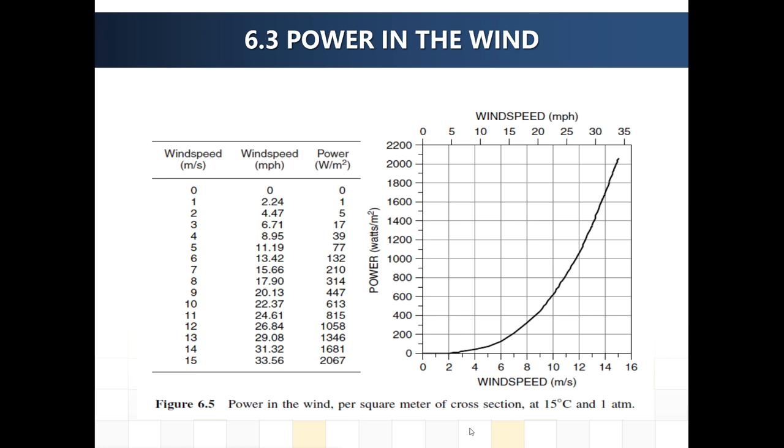Figure 6.5 shows the power in the wind per square meter of cross-section at 15 degrees and 1 atm. As we can see, this axis is the wind speed in meters per second, and this is the wind speed in miles per hour.